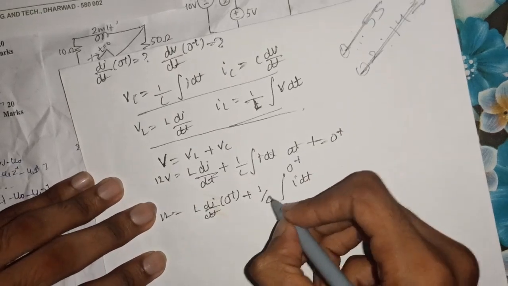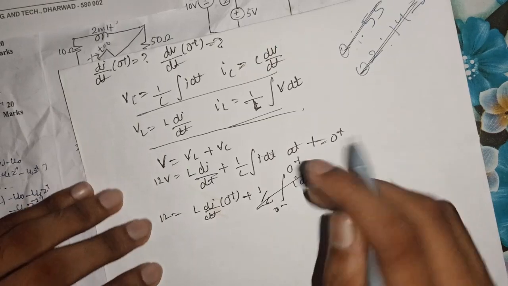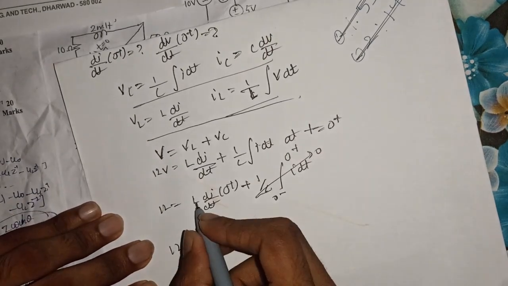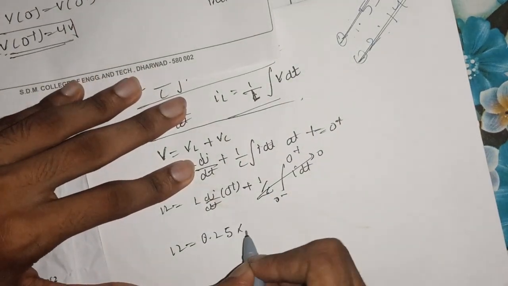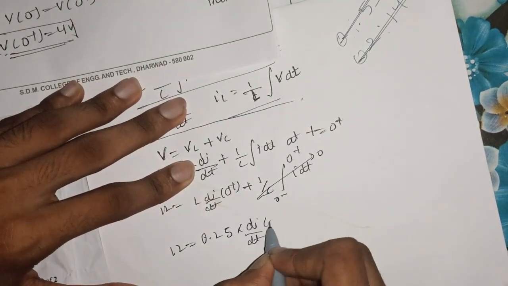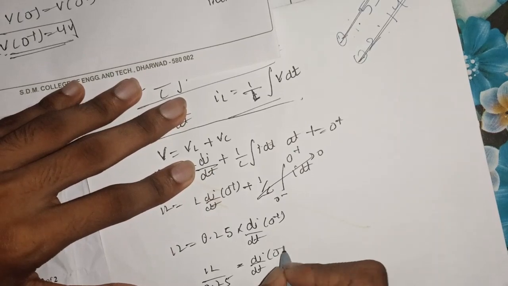Obviously this integration value will be equal to 0 because the lower limit as well as the upper limit is 0. So 12 is equal to the value of inductance, 0.25, multiplied by di by dt at 0 plus. So 12 divided by 0.25 is equal to di by dt at time 0 plus.